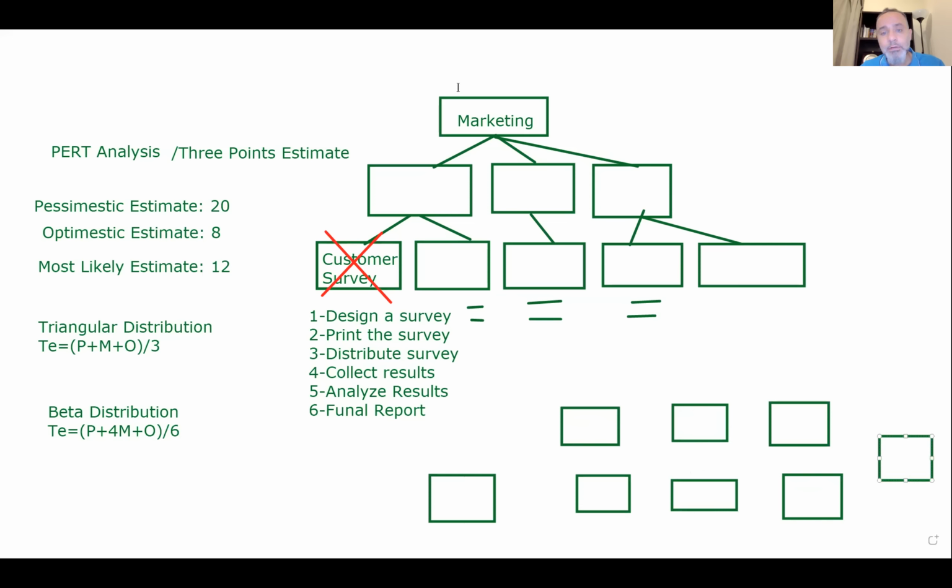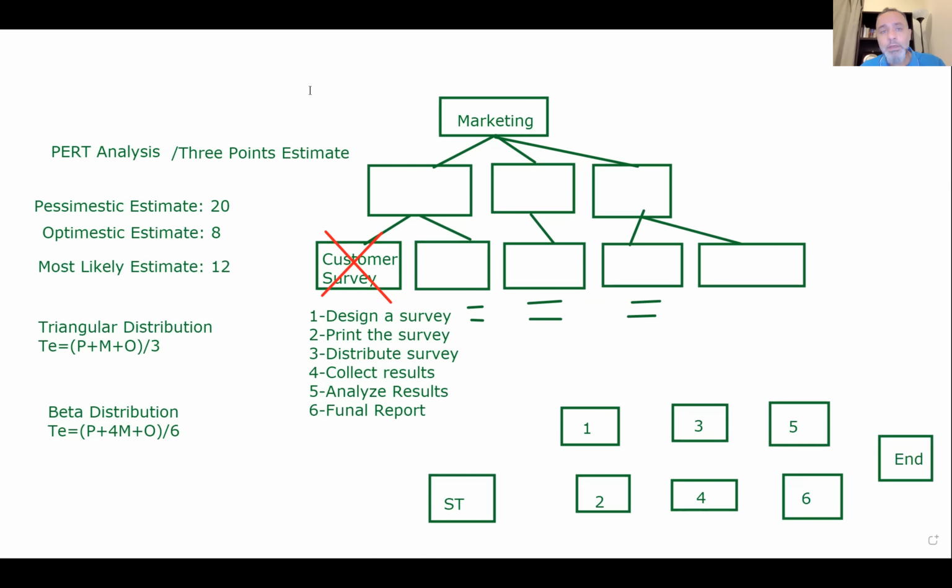Okay, so you have here the start, and then you have here activity 1, activity 2, activity 3, activity 4, activity 5, activity 6, and then you have the end.